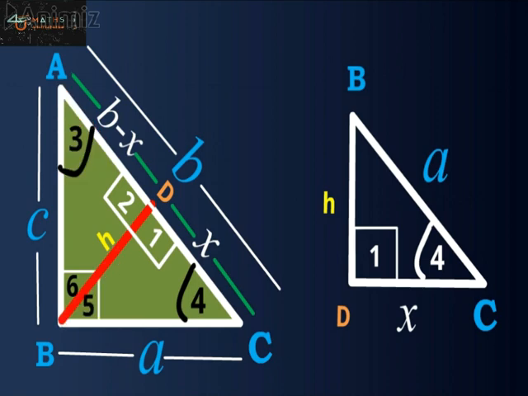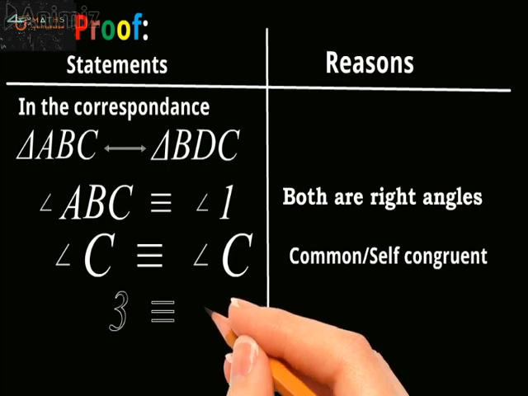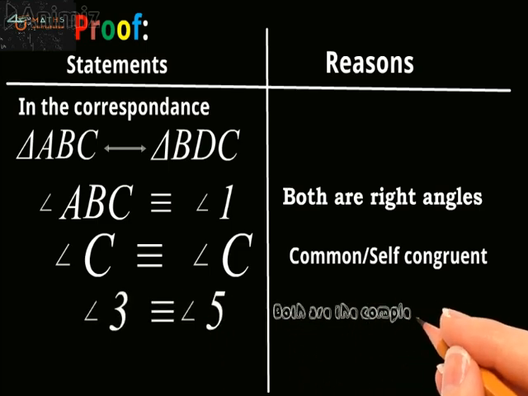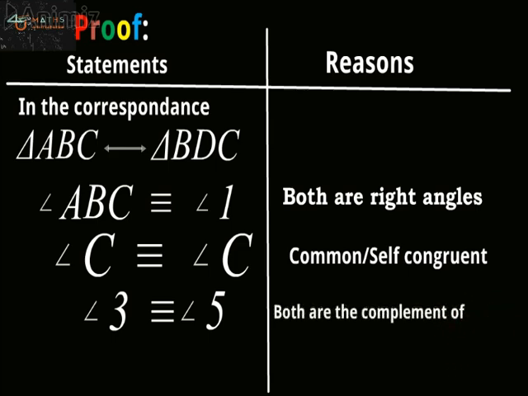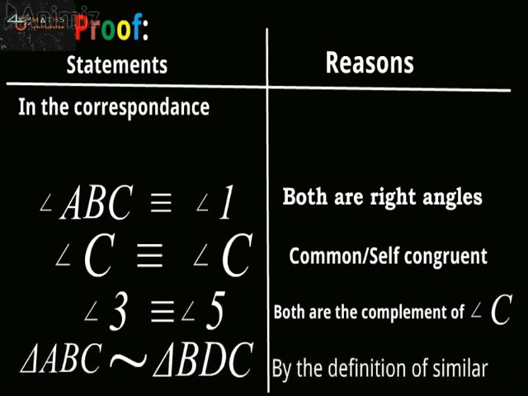The reason for this is they are the complement of angle C. Therefore, triangle ABC is similar to triangle BDC by the definition of similar triangles.